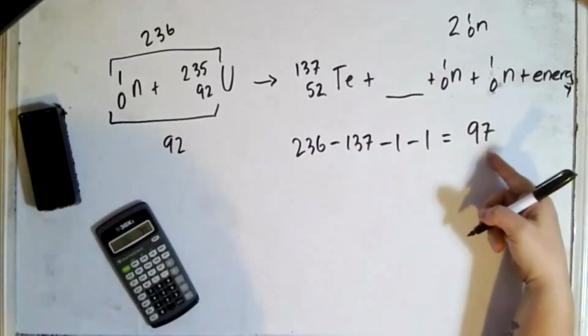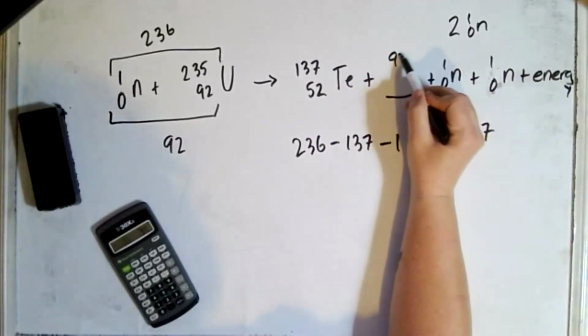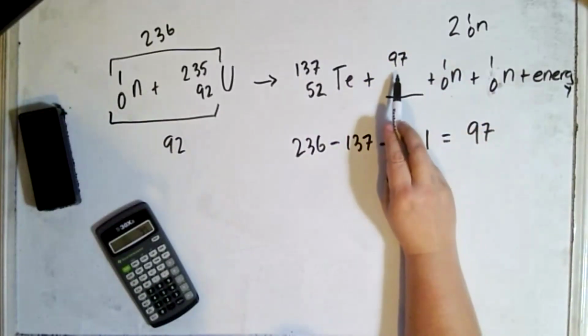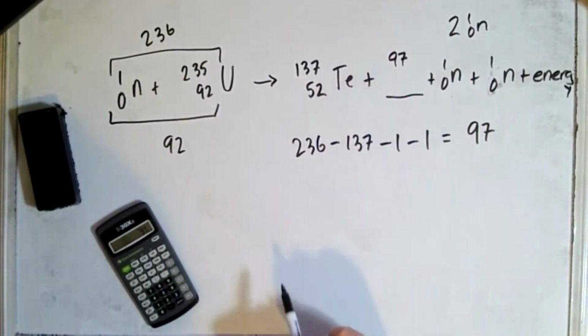So we're going to have a mass number of 97 total for our missing radioisotope.